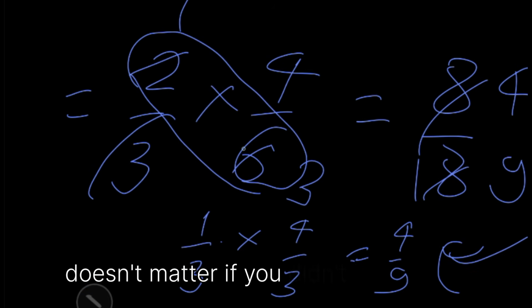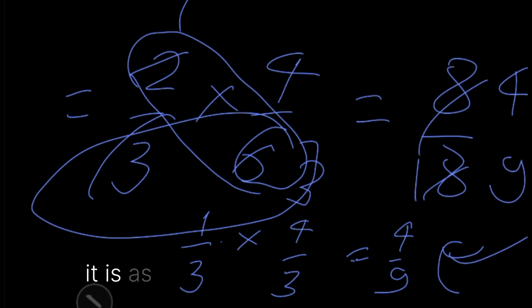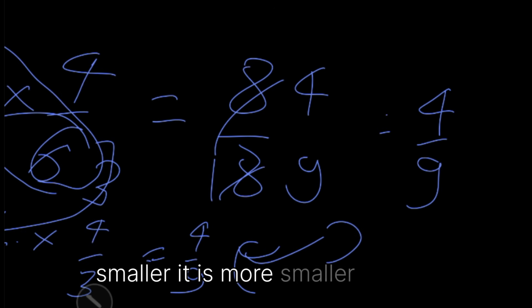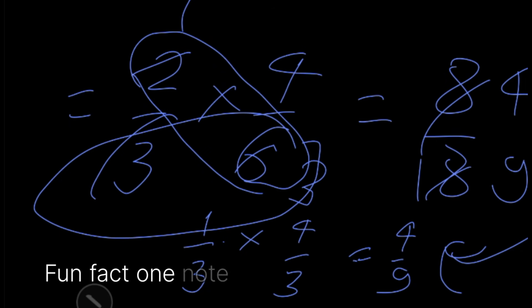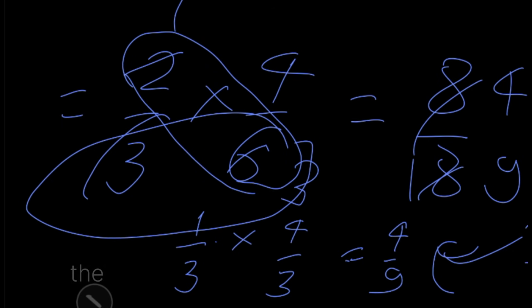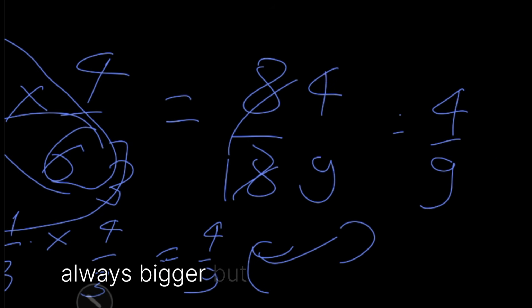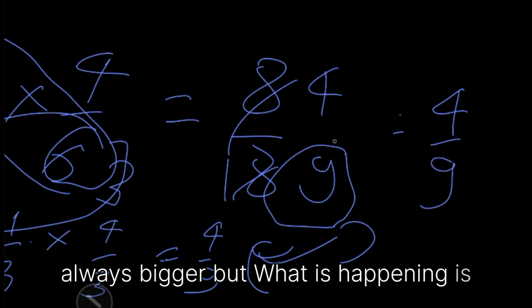Multiplication is really simple. It doesn't matter if you didn't know what it is, as we are making sure the pieces are smaller. Fun fact or note: whenever you are doing multiplication, the number will usually be bigger, but what is happening here is quite the opposite.